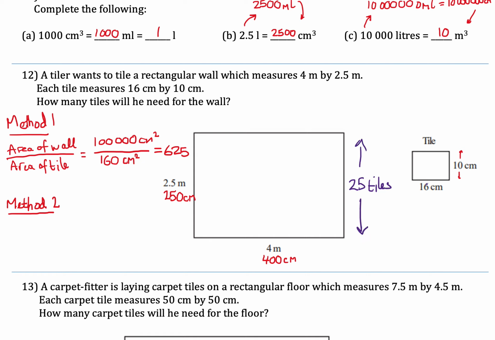Okay, and if they are 16 centimetres wide and the whole width of the wall is 400 centimetres, do 400 divided by 16, we can fit 25 tiles as well, horizontally. So this is another way to work out how many tiles we're going to need. So we do 25 times 25, and that also gives us 625 tiles.